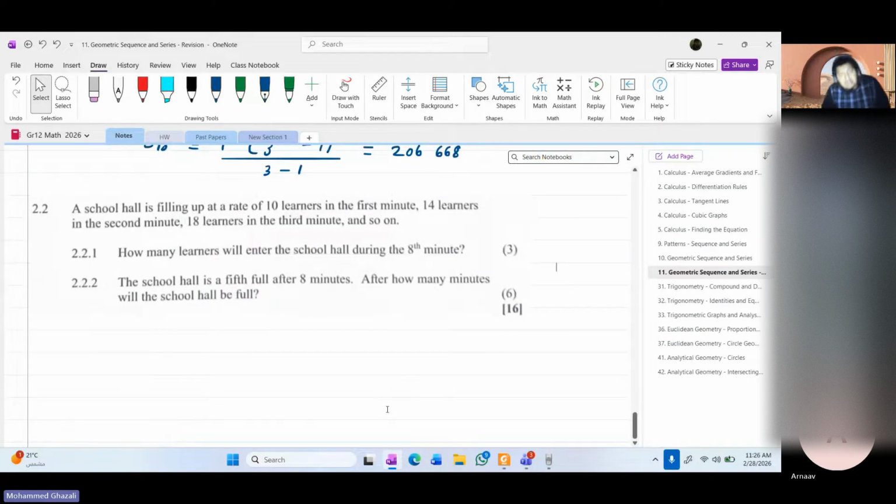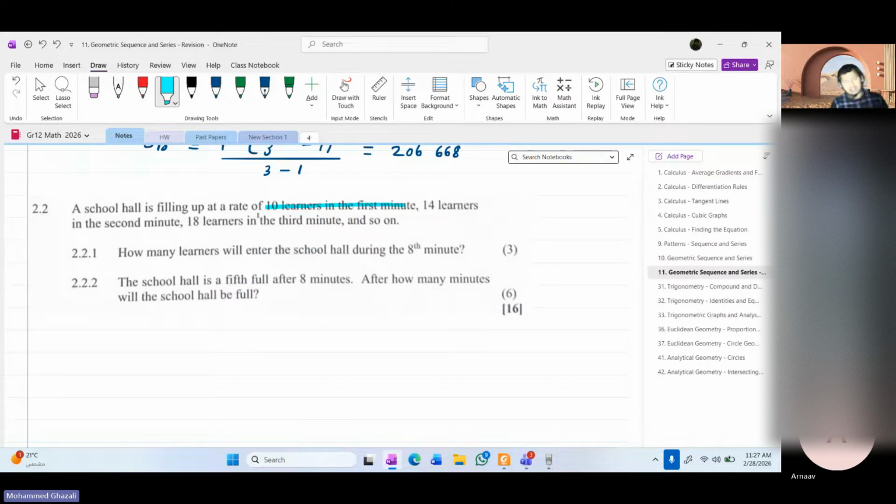A school hall is filling up at a rate of 10 learners in the first minute, 14 learners in the second minute, and 18 learners in the third minute. So we got 10, 14, 18, and so on. How many learners will enter the school hall during the 8th minute?